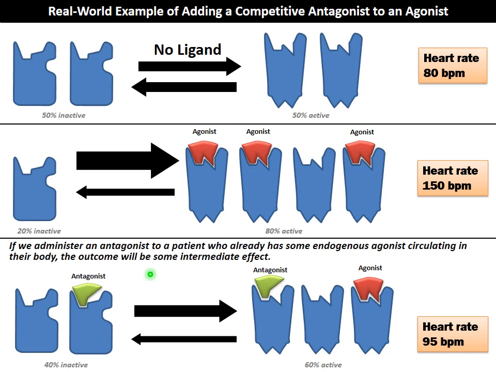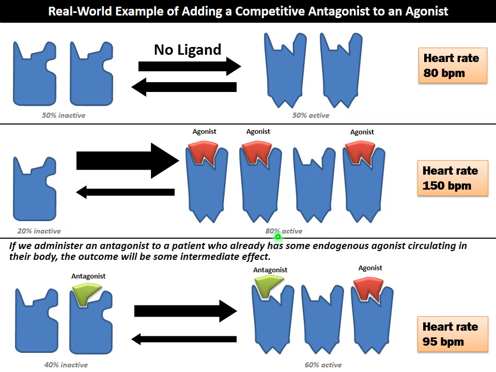In some cases it's relevant, some cases it doesn't need to be, but the whole point is that if you look again at the middle panel, the unoccupied receptor we said is at 50%, 50%, right? So in both cases the unoccupied receptor should not change. It should still be 50% active, 50% inactive. If you're just looking at the one that's not bound to the drug, it's 1-to-1, right?